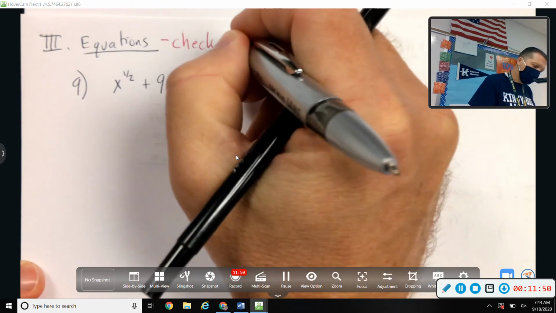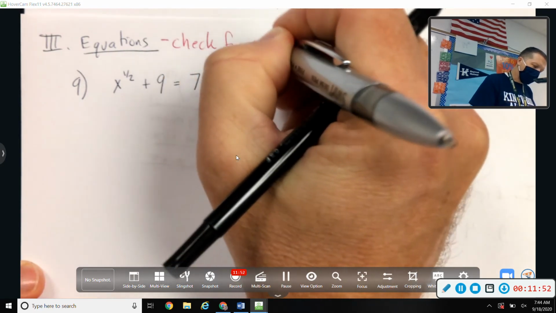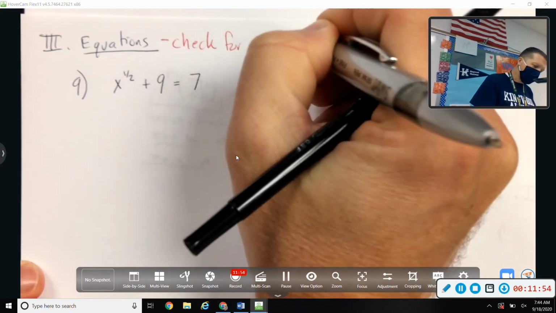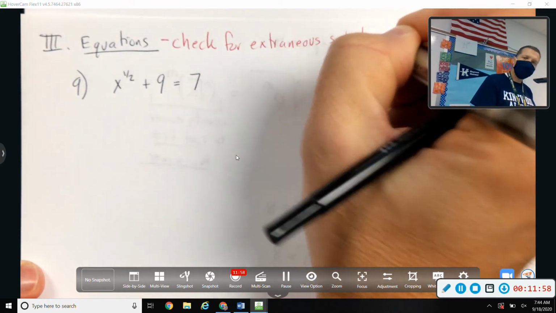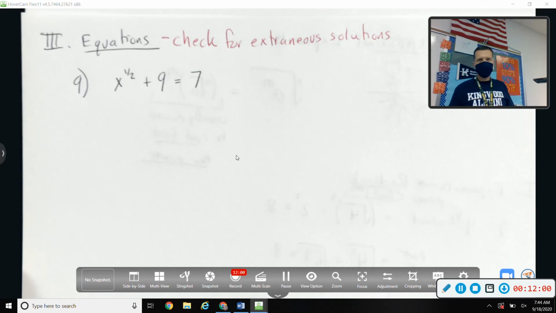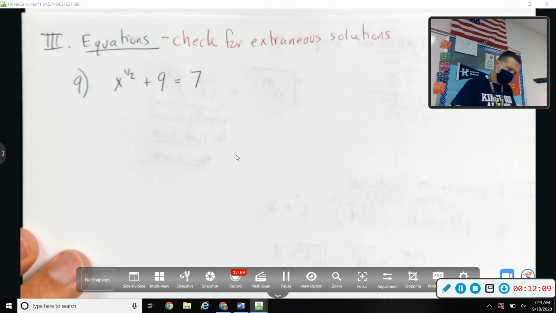For these equations, you need to check for extraneous solutions. Extraneous meaning algebraically they work when we solve the problem, but when we go to check them, they don't work.